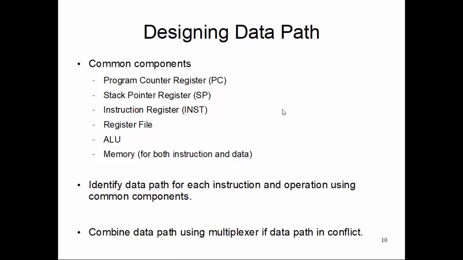Identify your data path for each instruction and operation using common components, and combine those separate data paths into one giant data path. If there is a data path conflict, meaning incoming information to a component can have multiple sources, you place a multiplexer to select between the conflicting data sources.